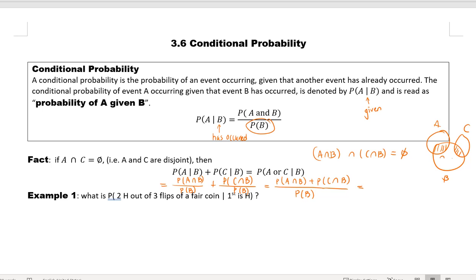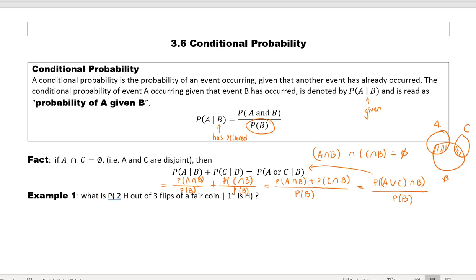Oh, this guy looks like a panda, right? Okay, so this is probability of A or C and B over P of B. And that's why we have this, okay?